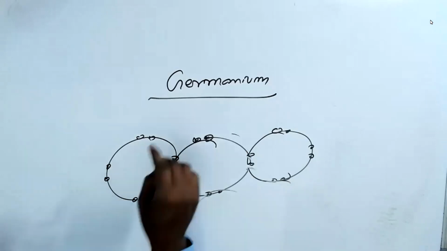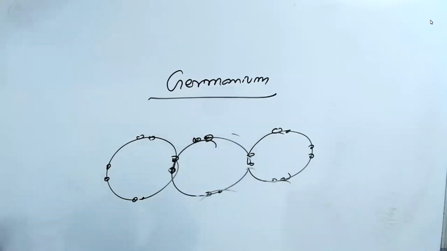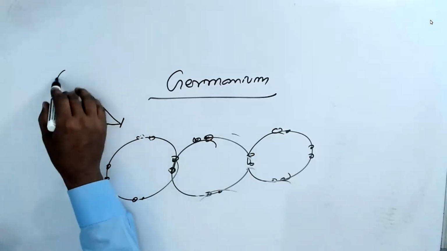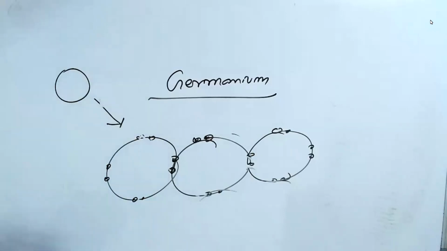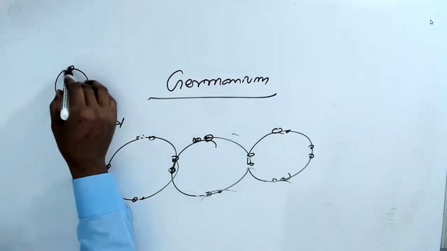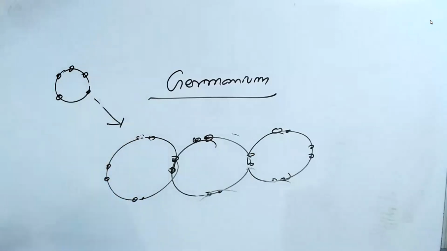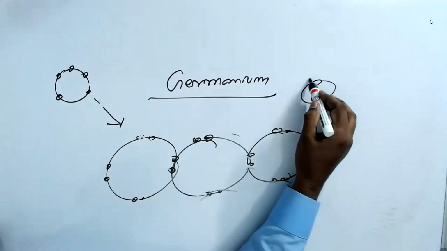But since this has 4, they found a nice mechanism, by adding another metal of 3 valence electrons or 5 valence electrons. Three.